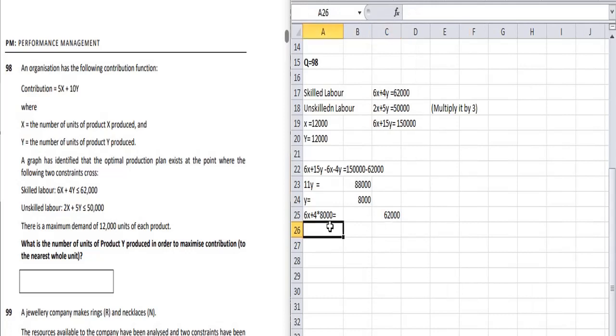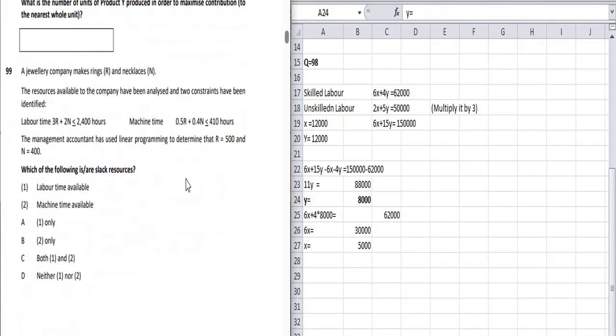So now 6x equals 62,000 minus 32,000, so x equals this divided by 6, and I got 5,000. Now the question asked only for y: what is the number of units of product y to be produced in order to maximize the contribution? We already got our answer earlier, so we don't need to calculate for x. So 8,000 is the number of units that need to be produced for y.